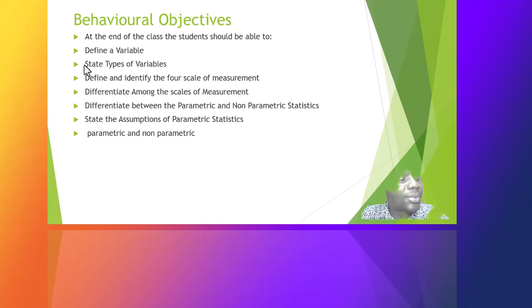This is an introductory part of research that is very critical for beginners: define a variable, state types of variable, define and identify four scales of measurement, differentiate among scales of measurement, differentiate between parametric and non-parametric statistics, state the assumptions of parametric statistics and the non-parametric ones.